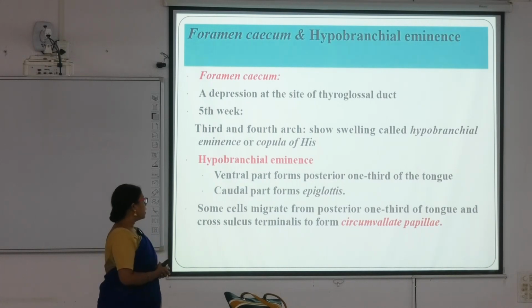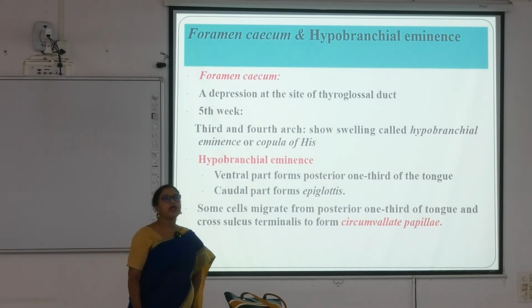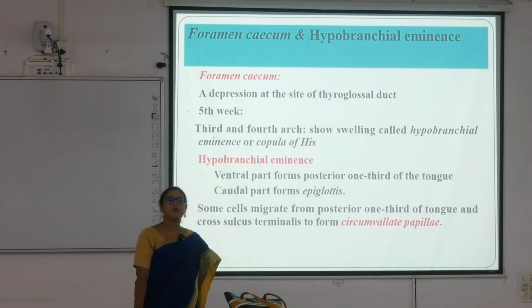Another thing to see here: how many papillae are there in the tongue? Filiform, fungiform, foliate, then another one is circumvallate. So see, the circumvallate papilla has a different origin.